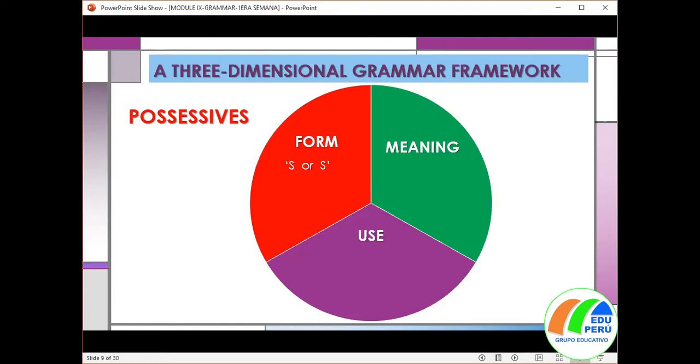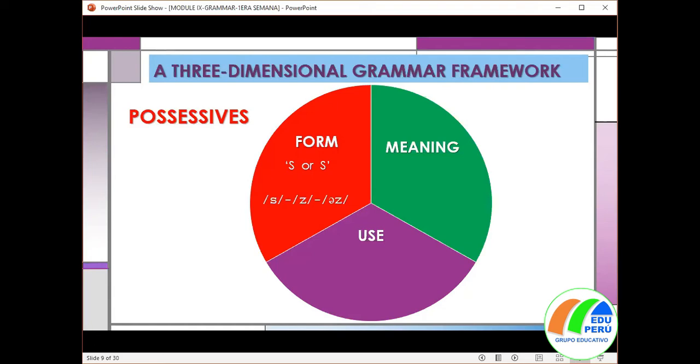Now what about when you say it? When you say this, you use three different phonemes. You pronounce this apostrophe s like s, z, or iz. Notice now we are talking about the phonemic aspect of the language, but it's related to the grammatical function, right?